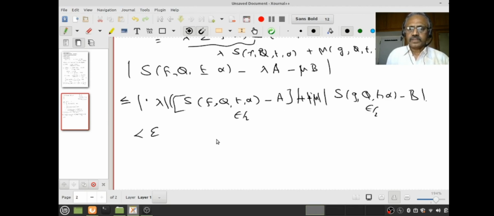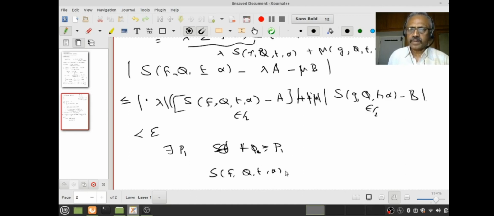Therefore, given epsilon by 2, I know there is a partition p1 so that for every q greater than or equal to p1, |S(f, q, t, alpha) minus a| is less than epsilon by 2 times (1 plus |lambda|), because lambda could be 0.